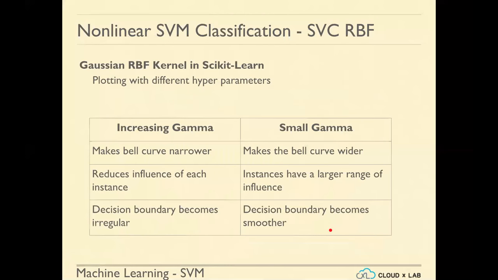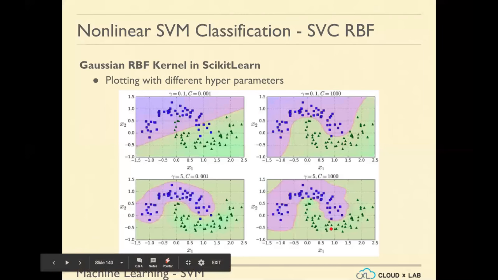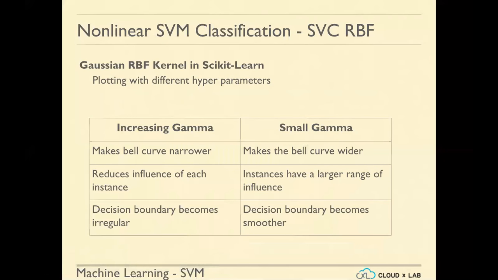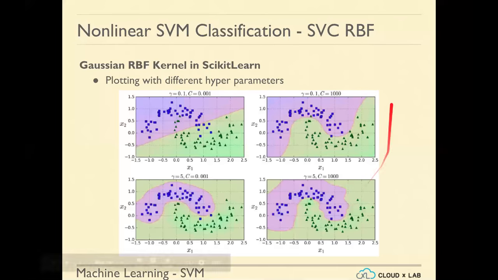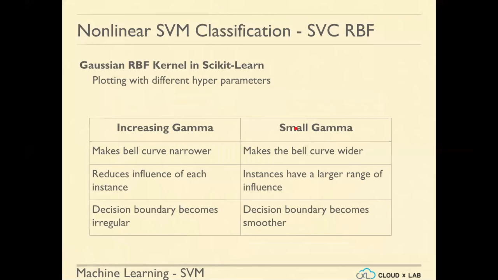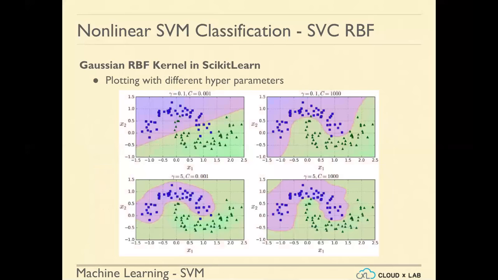While the smaller gamma makes the bell curve wider, you can see between these, if you compare these two, the bell curve is wider. Second, instances have a large range of influence. So each instance is more influential in this case.